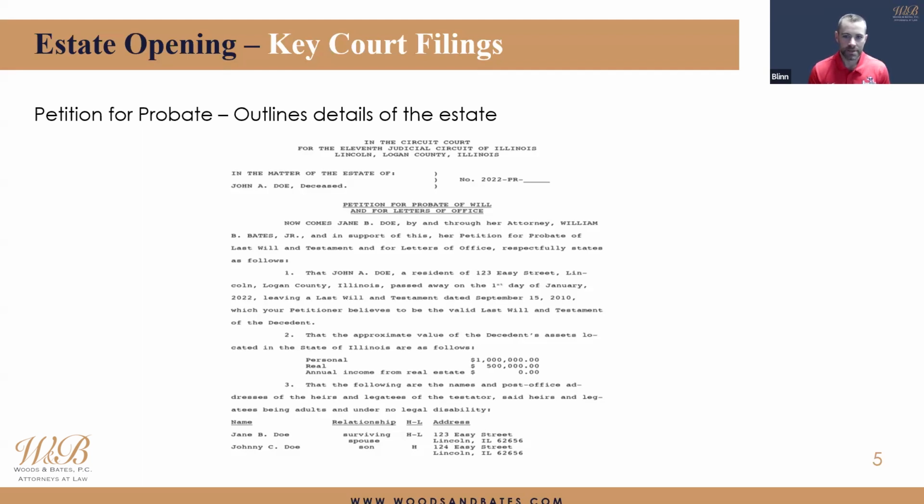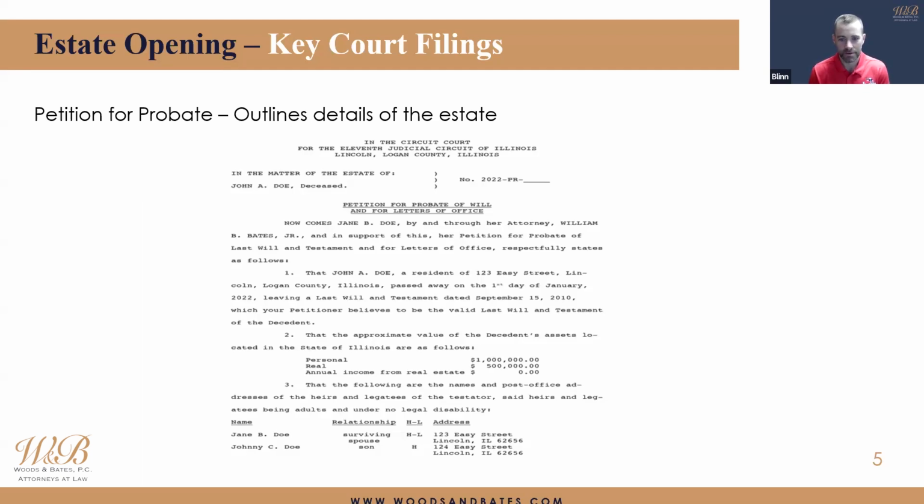So what that document is going to say is our nominated executor, Jane Doe in this case, is petitioning on behalf of the estate, and in support of this petition, she's outlining the information about the deceased. So John Doe was a resident of Easy Street in Lincoln, passed away on January 1st, 2022.